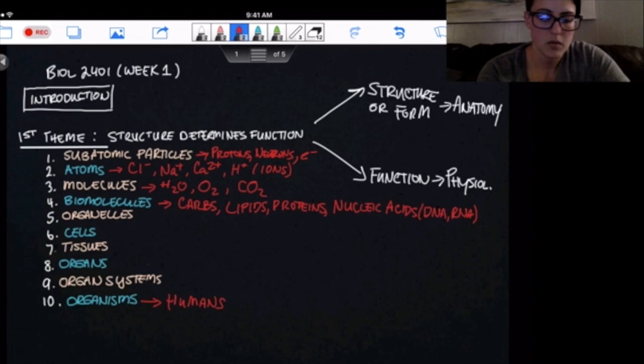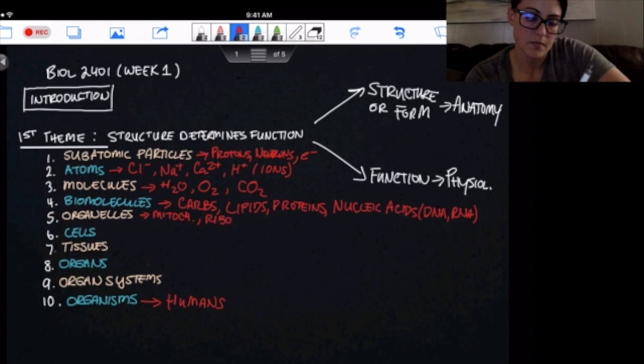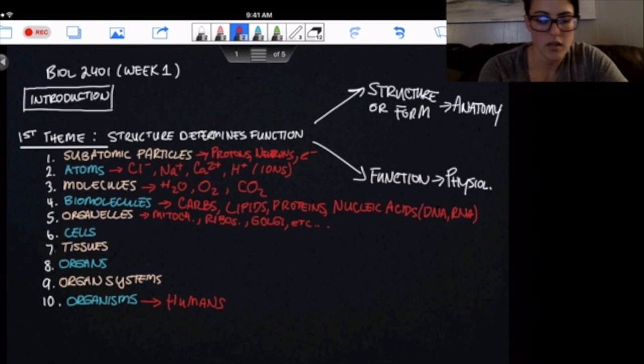Okay. And we can take these biomolecules, put those together, and form organelles. Some examples of these organelles would be like mitochondria. I'm going to abbreviate this. What's another one? Ribosomes. Maybe a Golgi apparatus, and there are other ones, just put etc. We can take these organelles, put them all together, and form cells.